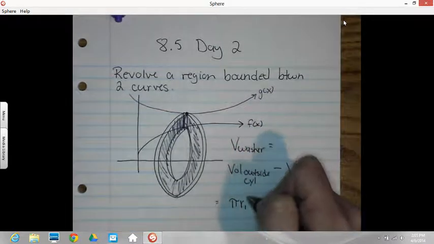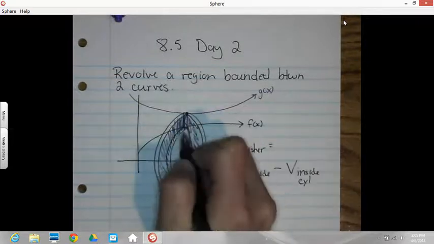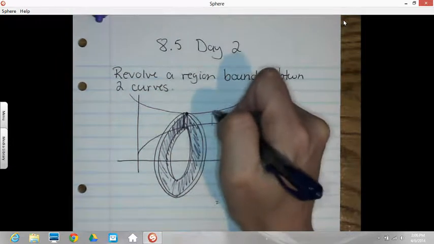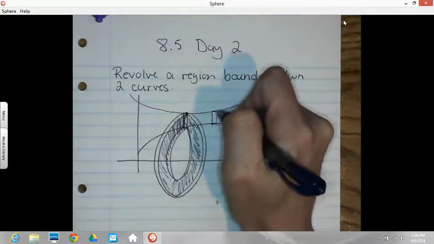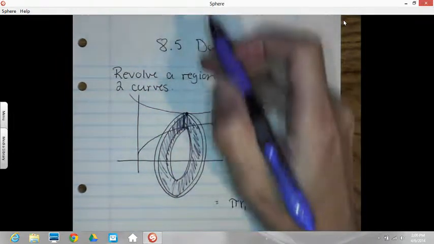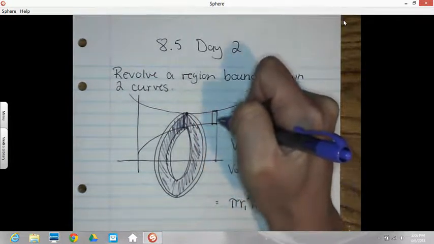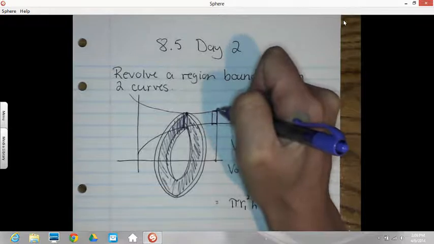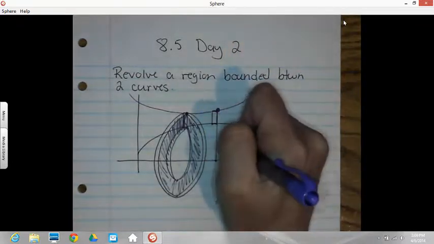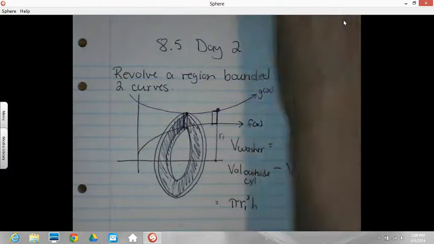And the height is the thickness of the, let me go here. So the R1 goes from your axis you're revolving around all the way to the farthest function. That's R1. The height is just your thickness here, your dx.